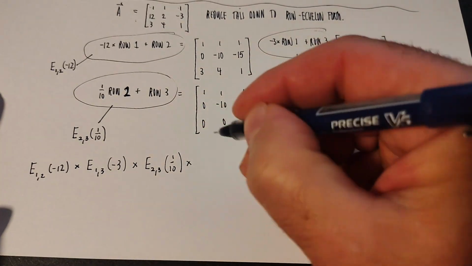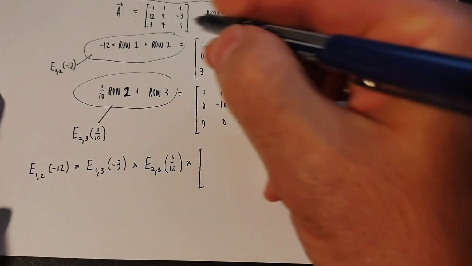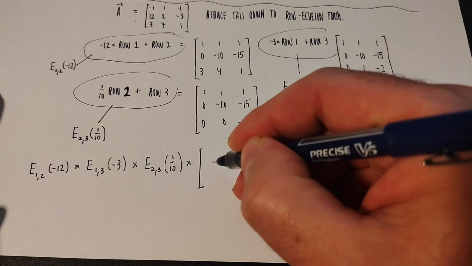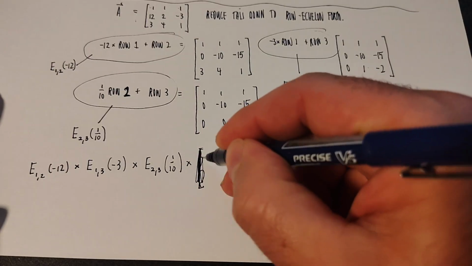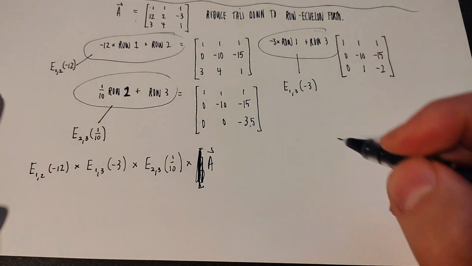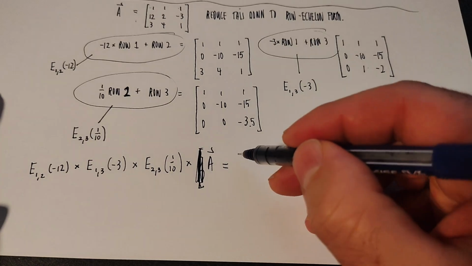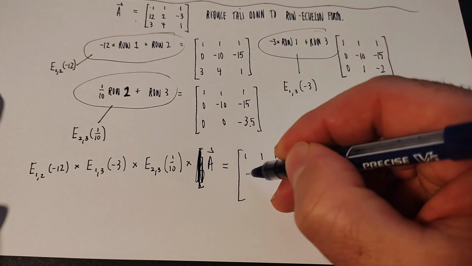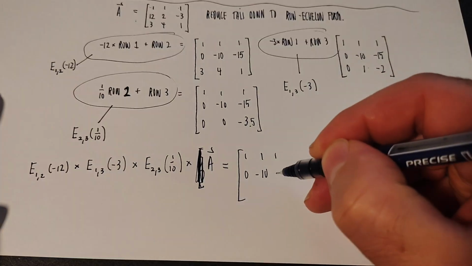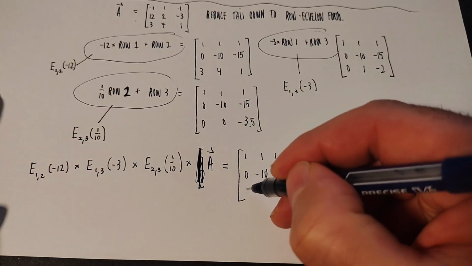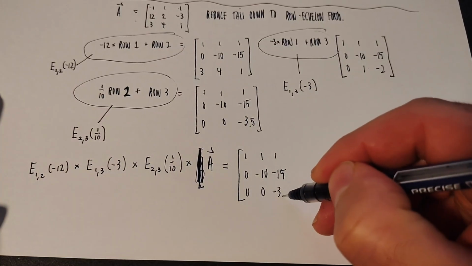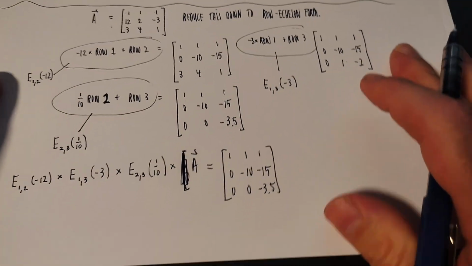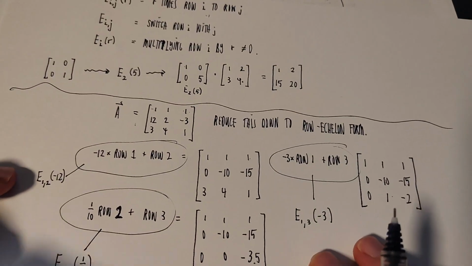And then we multiply by this matrix here, A. Sorry, I was going to write out the whole matrix, but if we just multiply it by that matrix A, then the answer here is the following matrix: 1, 1, 1, 0, negative 10, negative 15, and then 0, 0, negative 3.5. All right? So we can actually line those matrices up.